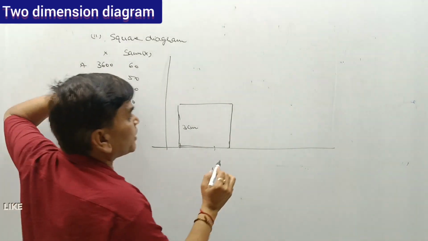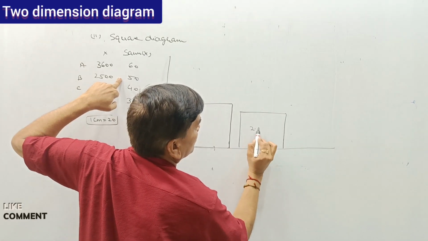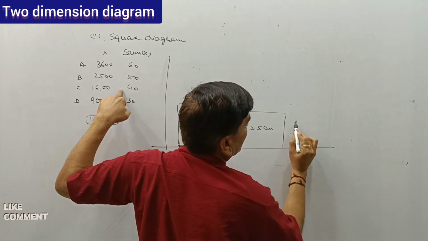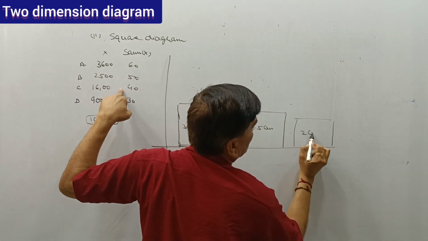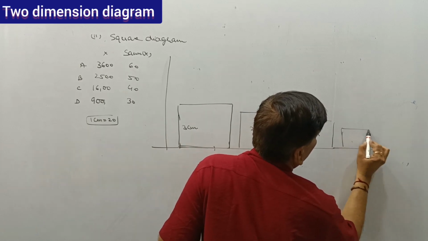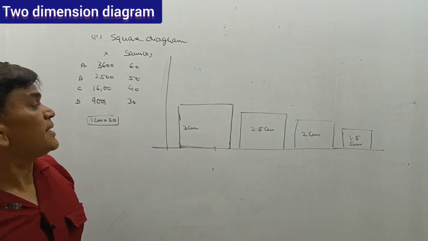Second will be 2.5 centimeter square. Third may be 2 centimeter square. Fourth may be 1.5 centimeter square. So this is called the square diagram.